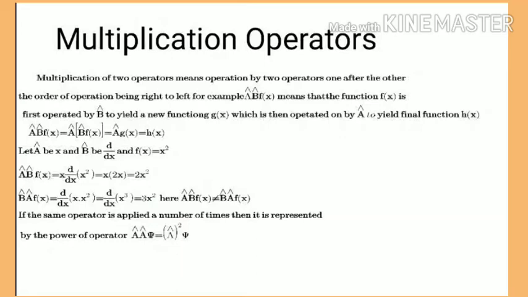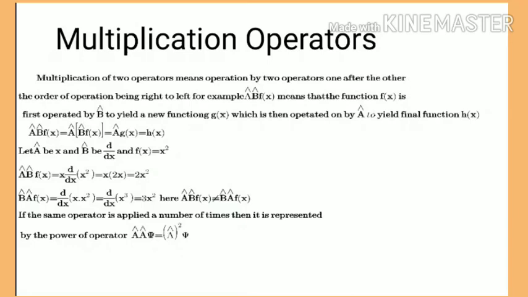It means the A cap operator is equal to x, and B cap is another operator which is d/dx, and the function is x square. So x d/dx x square. First of all we will differentiate x square, then we get the result 2x, and then the operator x is applied, so x will be multiplied and we get the result 2x square.